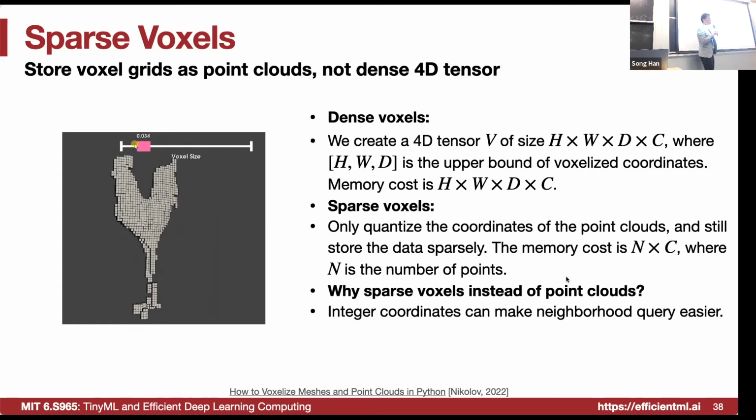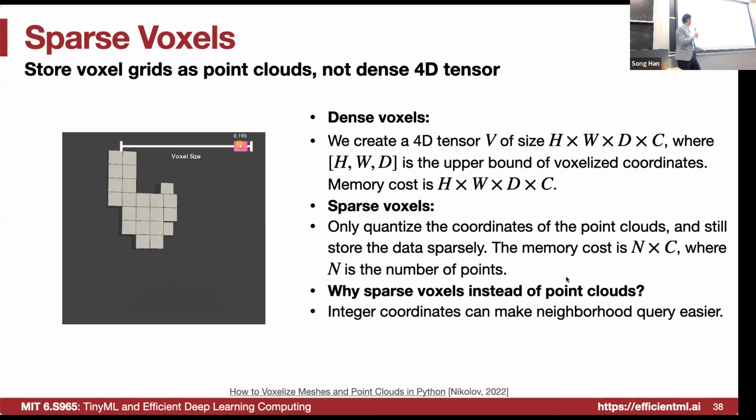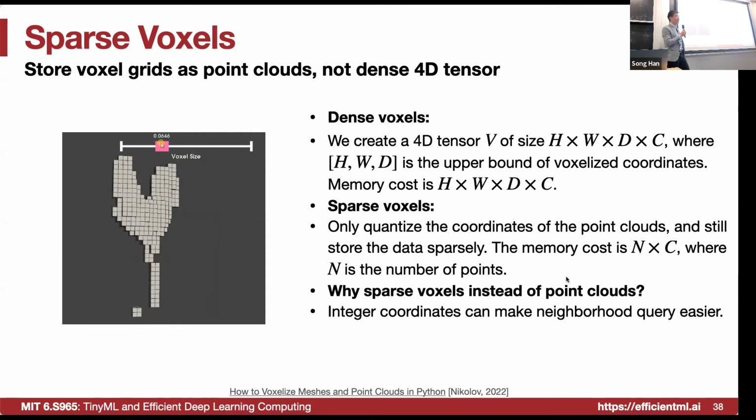So can we just quantize the coordinates that are non-empty? When there's an actual object at a location, we have a point. Otherwise, we don't save that point. So now the memory cost is only proportional to the actual points. If there's no object somewhere, we don't need to store that point.